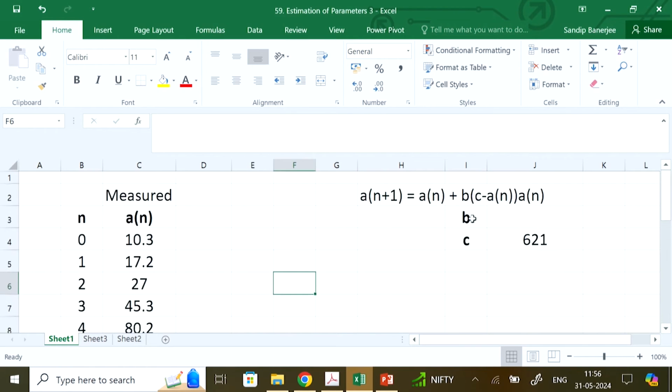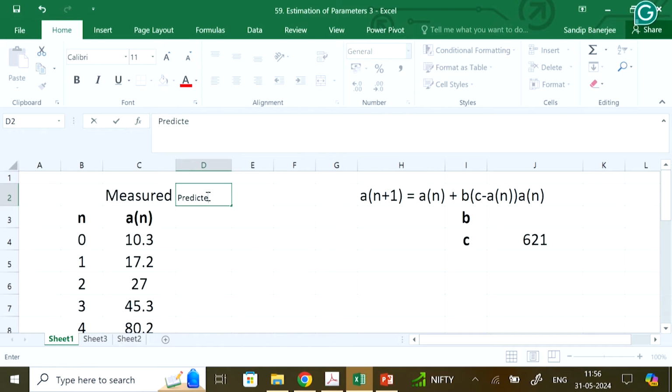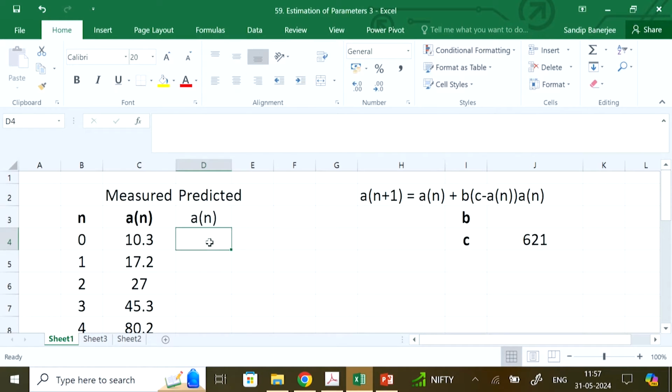Then the only thing is what will be the value of this b. So, this is the predicted a n, the initial value, say I put it as 10.